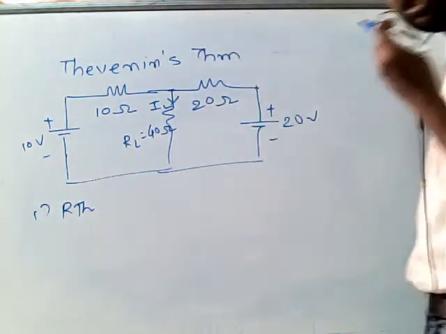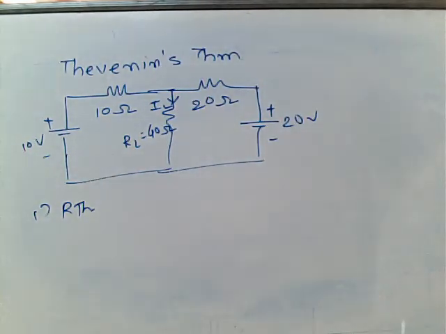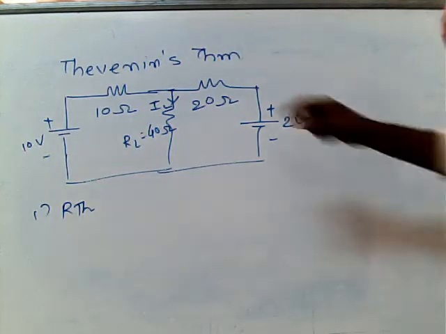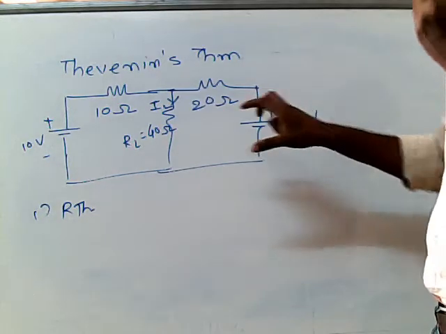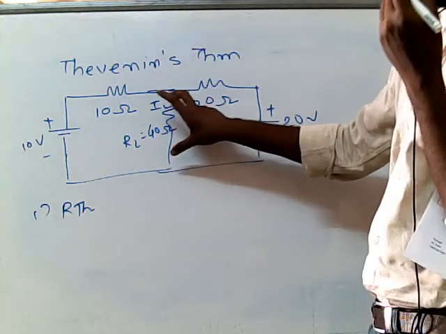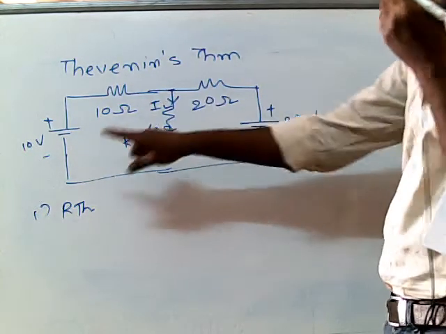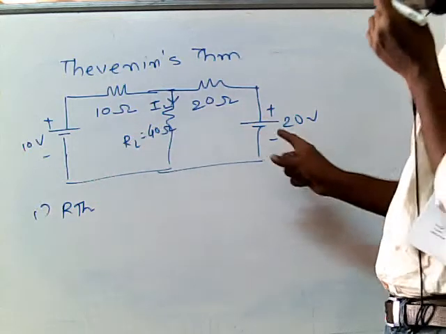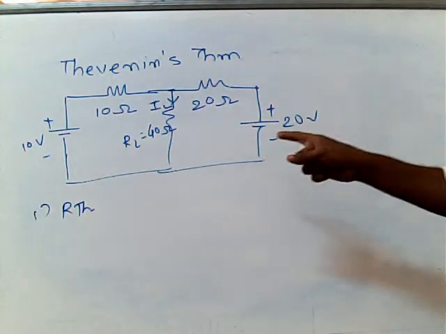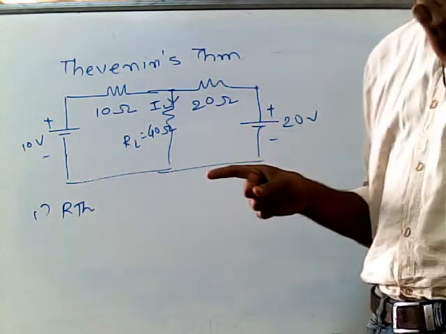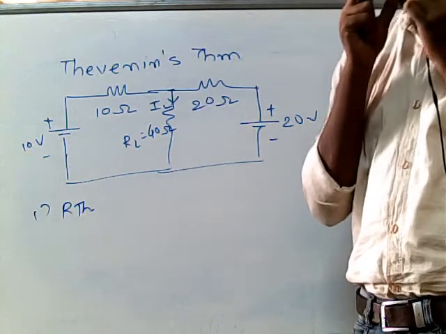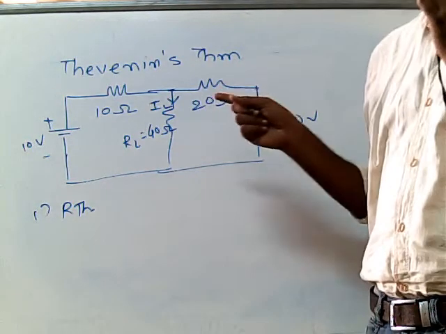Thevenin's resistance. Now how can the Thevenin's resistance be found? It can be found by replacing the load and looking into the load to see what the resistance across the load will be. But before that, we have to replace the sources in the circuit by their internal impedance. If there is a voltage source, we will replace it by a short circuit.